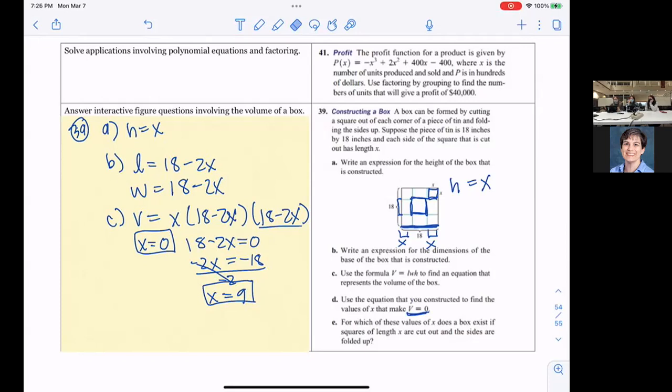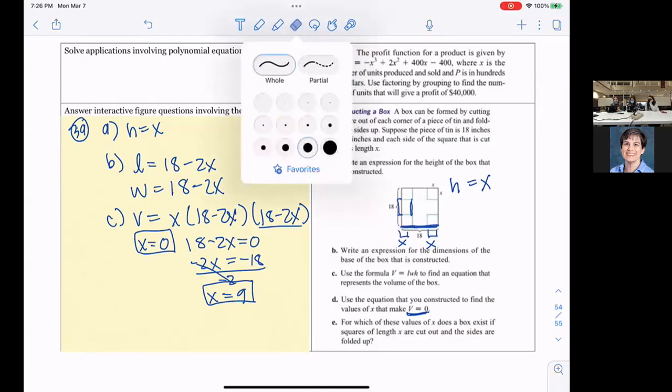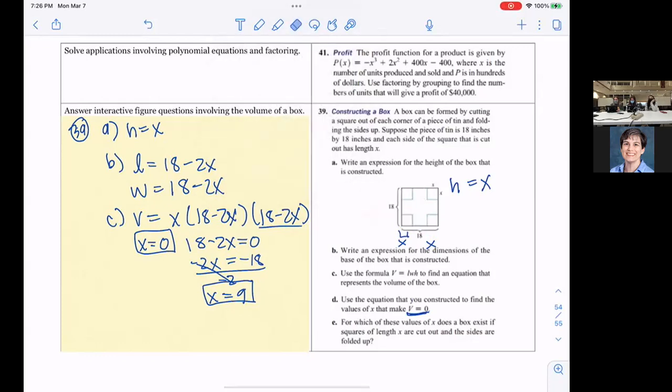If we don't cut out any pieces from this, then we're still just gonna have a square, which we cannot make a box out of.